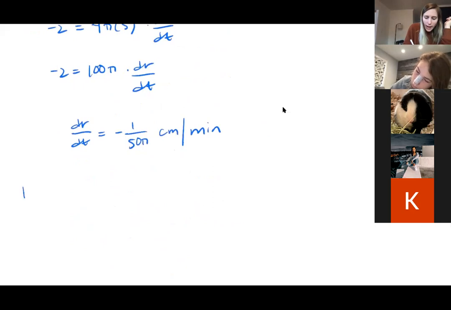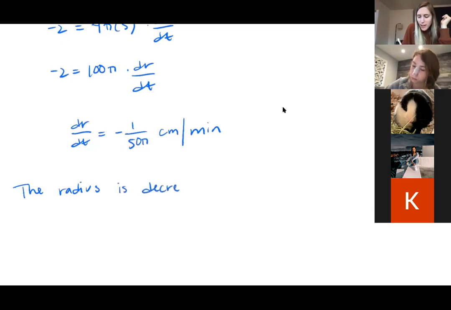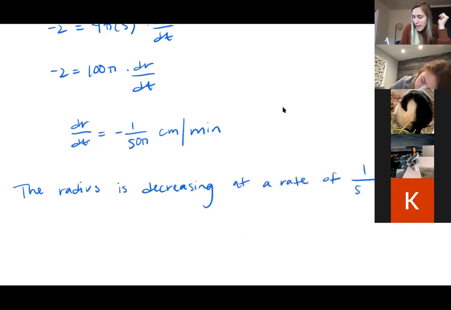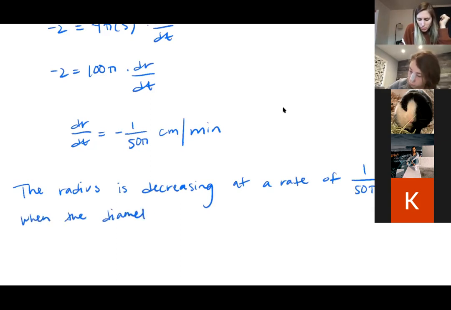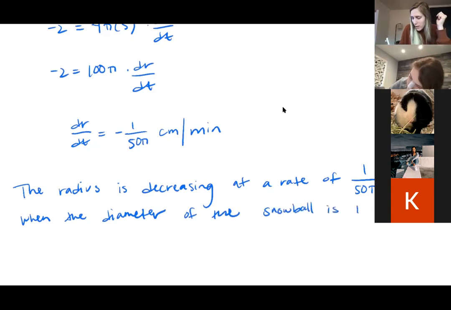So to summarize, we could say the radius is decreasing since we get a negative rate, at a rate of 1/50 pi centimeters per minute when the diameter of the snowball is 10 centimeters.